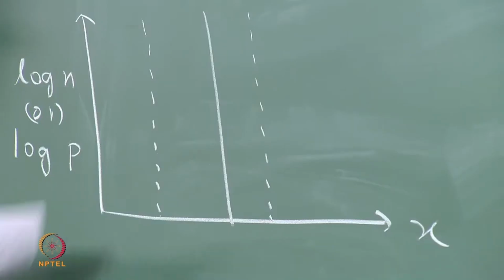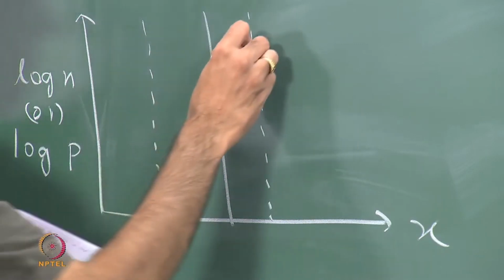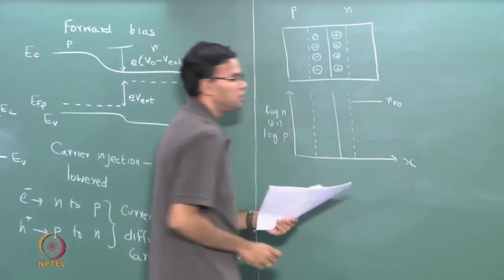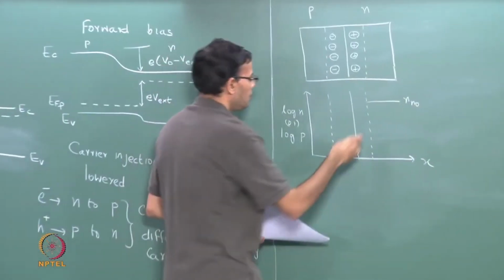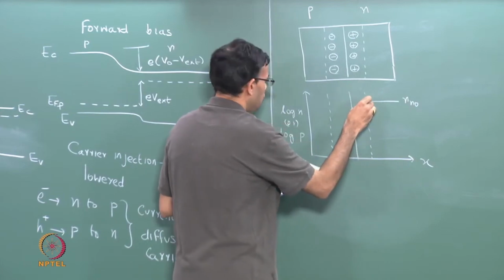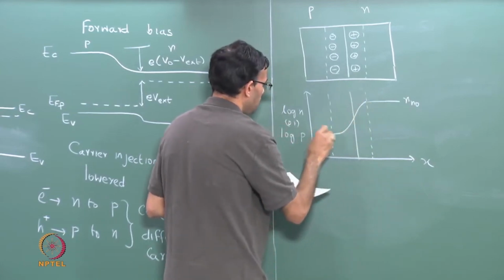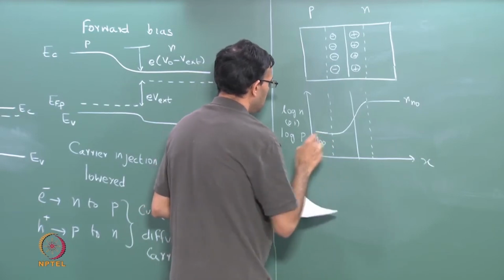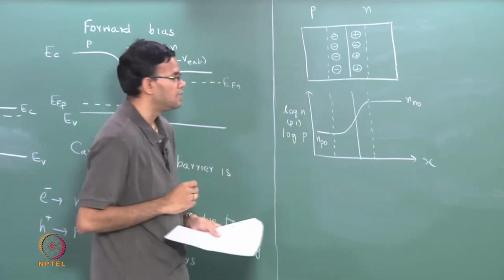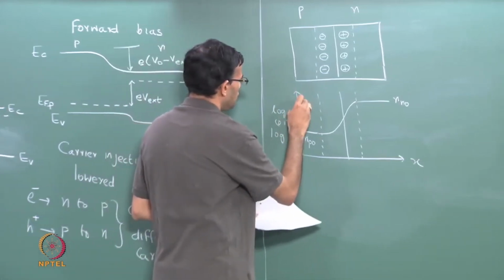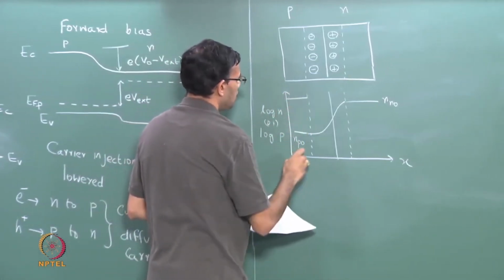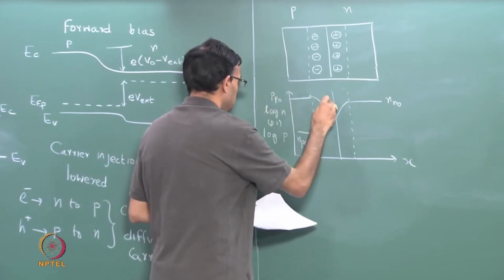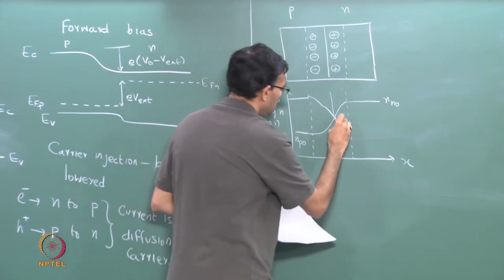So if I plotted log of n, this value is nothing but n naught, which is equal to N D, and then as you go across the value of n drops, then we had n on the p side, so n p naught. Similarly, we can plot the concentration of holes. Starts off high, which is p naught, and then goes down.